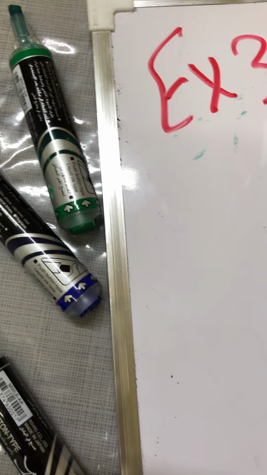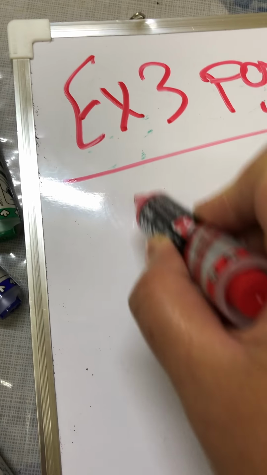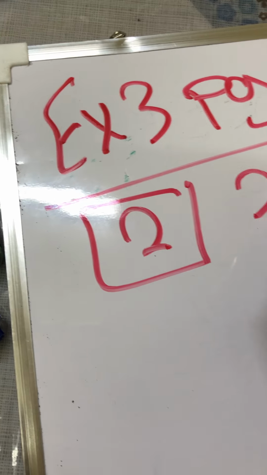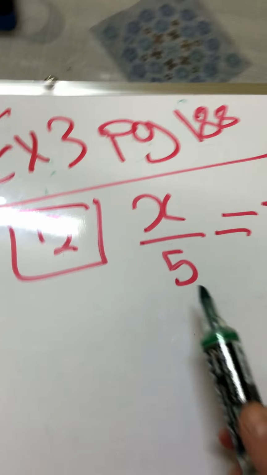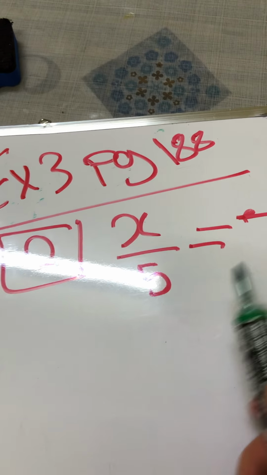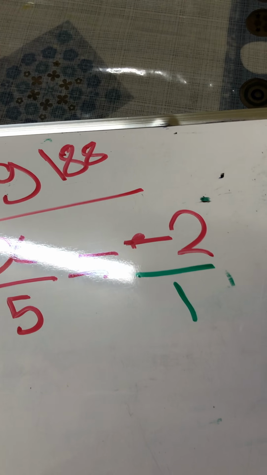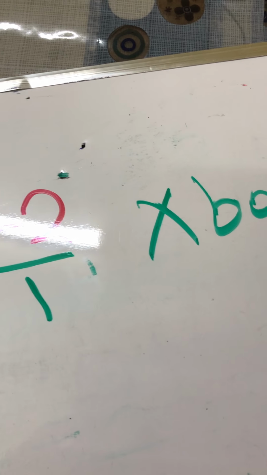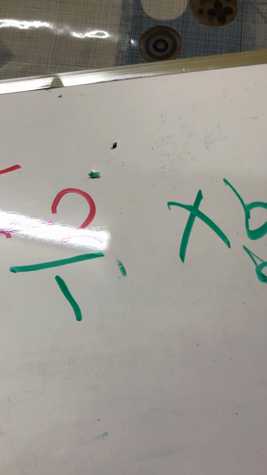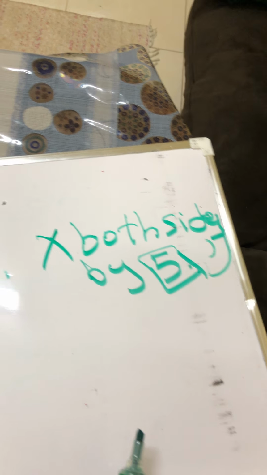Exercise 3, page 188. Number 2. I have x over 5 equal negative 2. The aim is to clear the denominator. Here the denominator is 1. So 1 times 5 equal 5. So multiply both sides by 5.